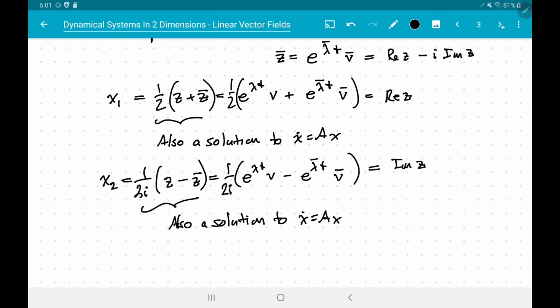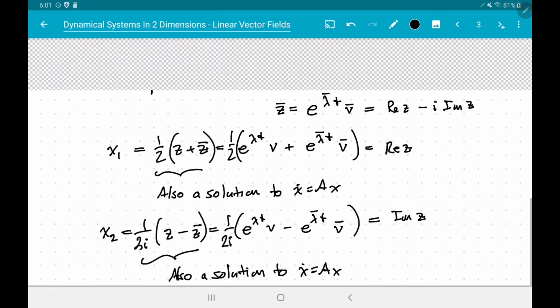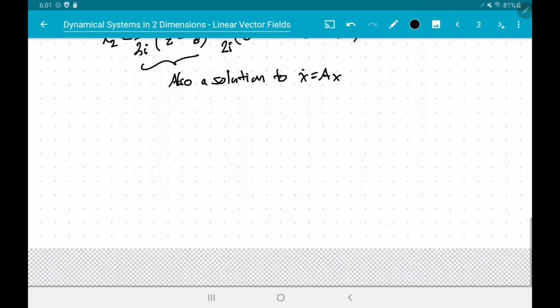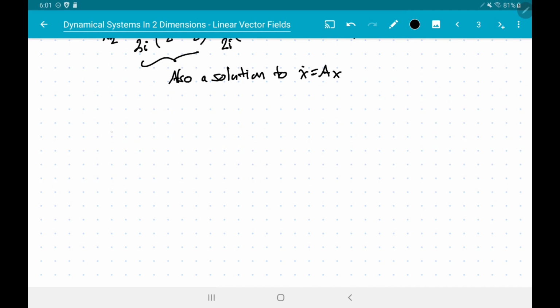But what do these solutions look like? Well, here's where we need to do a little bit more with complex numbers. I'm going to return to z equals e to the lambda t times v and fill in the real components. So e to the alpha plus i beta times t, and then u plus iw for v.